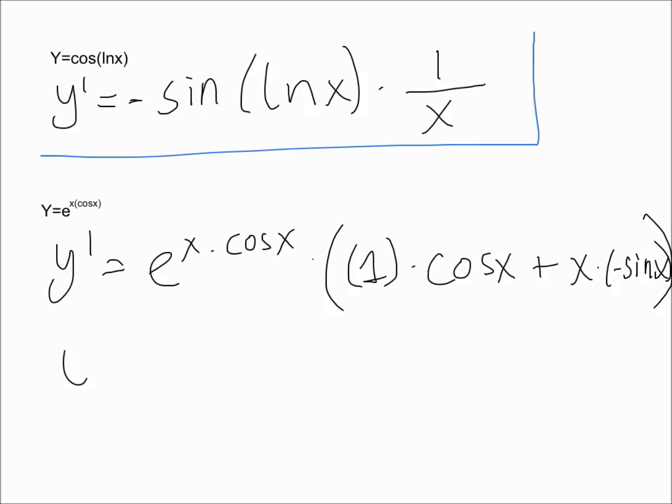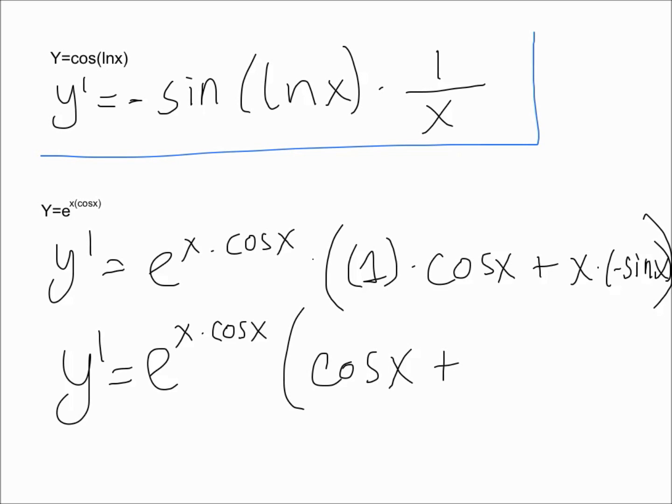So the answer would be y prime is equal to e to the x times cosine x, times cosine x, no, it's minus here, minus x times sine x. That's the answer.